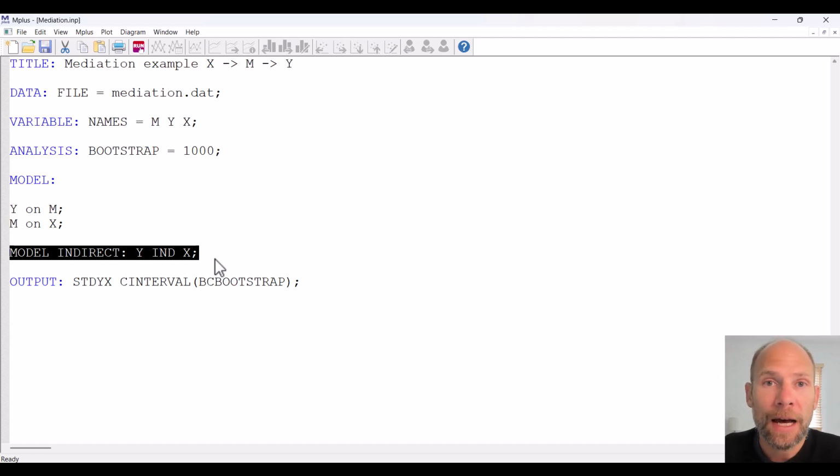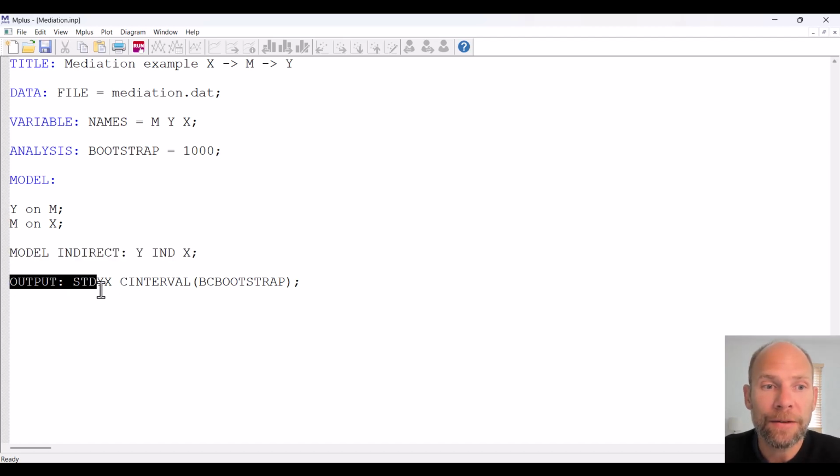So if we have one or more mediators, then there will be indirect effects from x to y, and this model indirect command allows us to output those separately so that Mplus will calculate them for you, and then also will calculate standard errors for those indirect effects, as well as potential bootstrap results that it will provide in terms of confidence intervals. Furthermore, in the output command, I specified stdyx so that we can also take a look at the standardized solution, and I included the keyword C interval for confidence interval.